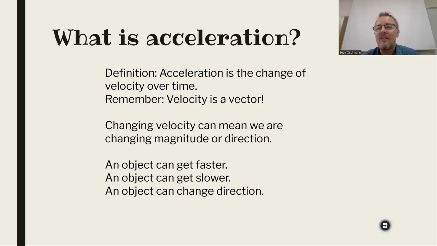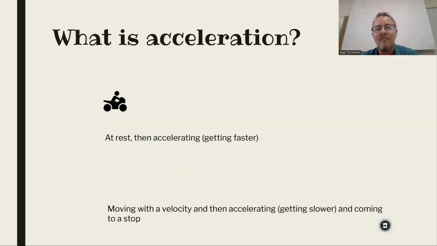If anything about this vector changes, including its direction, then you have a change of velocity and we call that acceleration. So getting faster is acceleration, getting slower is also acceleration, and changing direction when you otherwise drive at the same speed, it's also a type of acceleration. Acceleration, since it's a vector, can also be positive or negative.